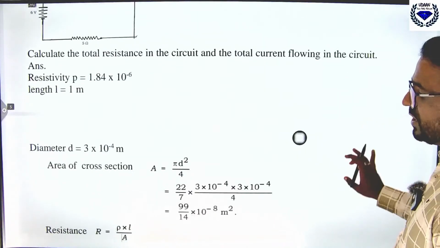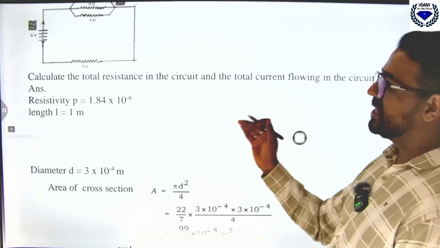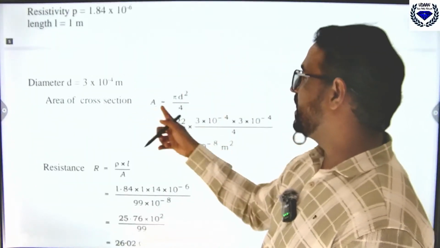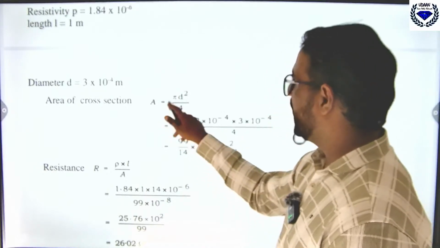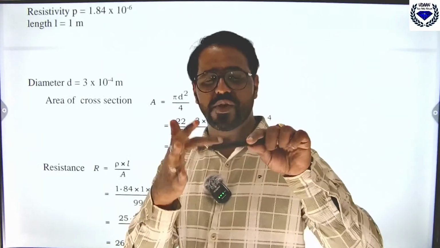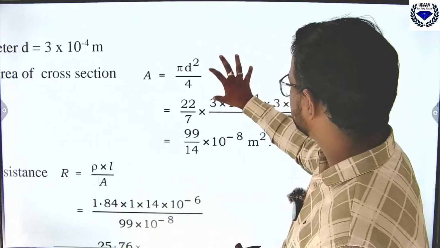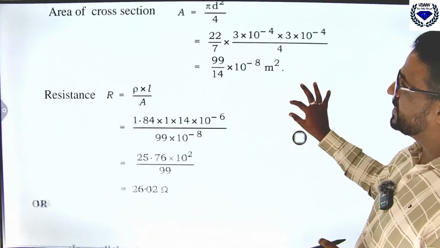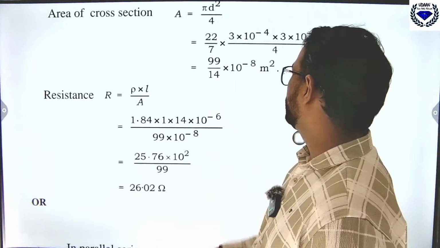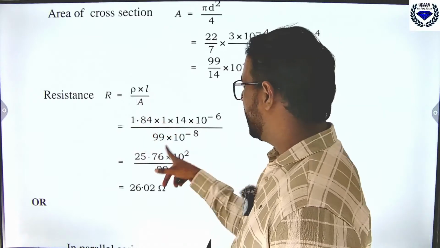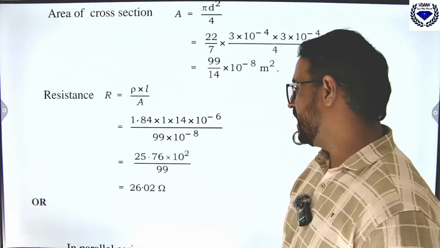Okay, so like this you should be able to solve this. So resistivity rho is given, length is 1 meter, diameter is given. So just substitute. Area of that cross section is what? Circle. So that is pi by 4 d square. Then just substitute the values. You will get 99 by 14 into 10 raised to minus 8 meter square. Resistance is rho L by A, substitute and you will get 26.02.